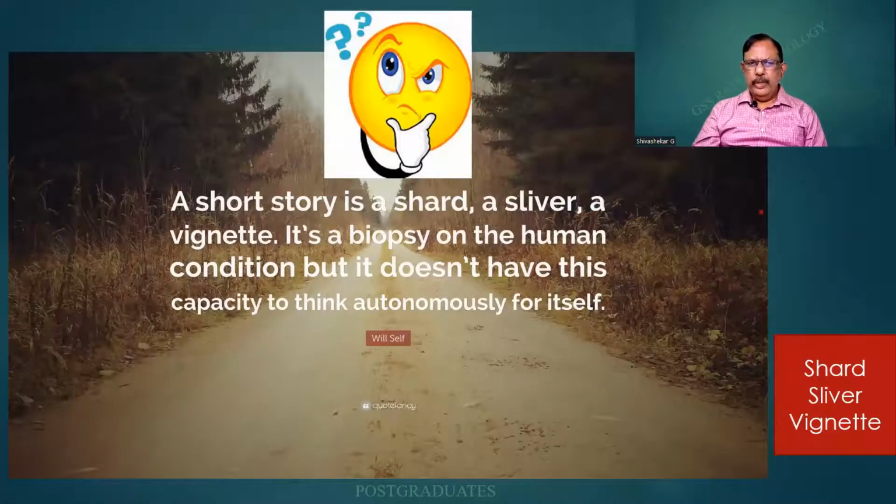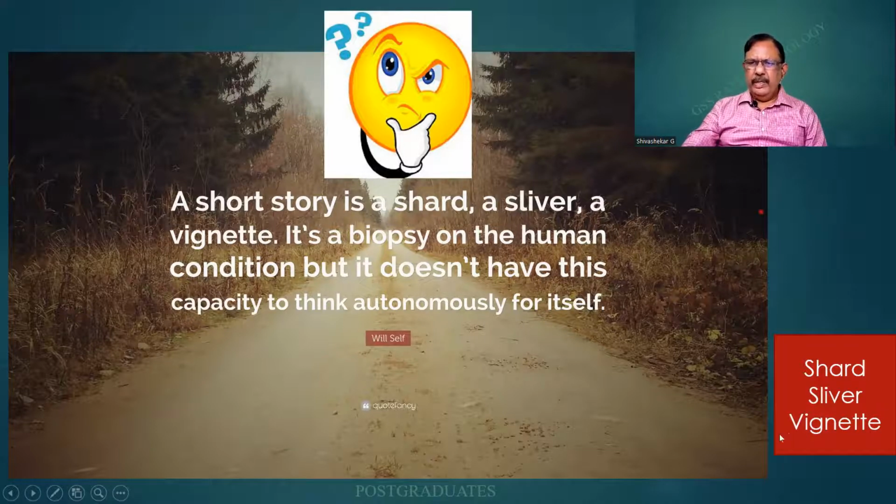A short story is a shard, a sliver, and a vignette. It is a biopsy on the human condition, but it doesn't have this capacity to think autonomously for itself. And what is this shard? It is after all a broken piece. And sliver also is something that has been removed from a fragment.